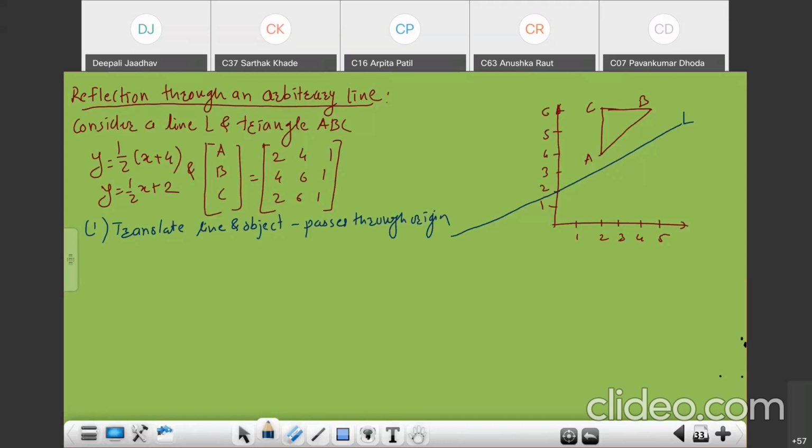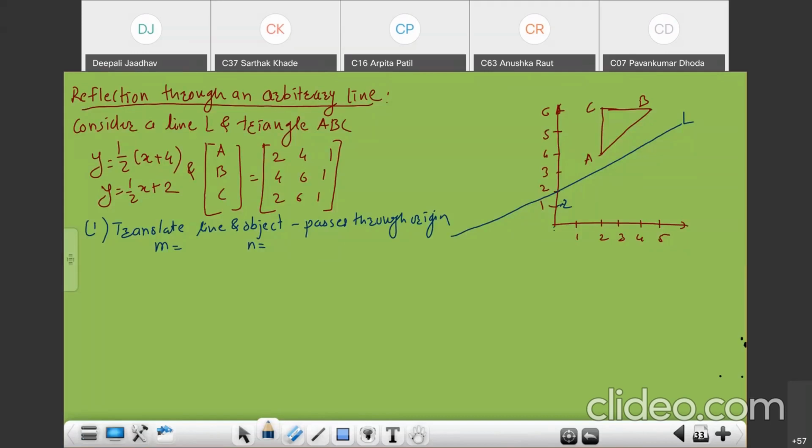For that purpose, what is the value of m and n? We need to translate it so that it passes through the origin. It means we need to translate it minus 2 units in the y direction. It is not necessary to change the x direction.